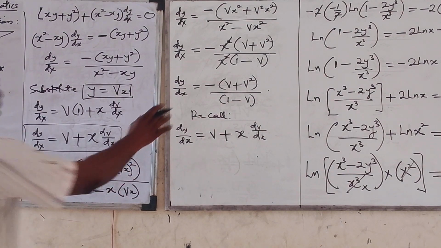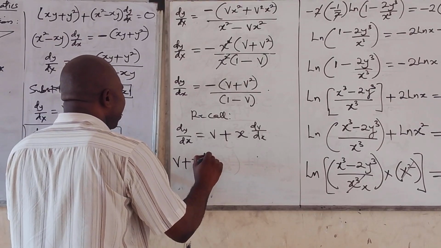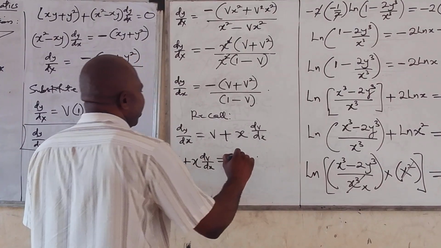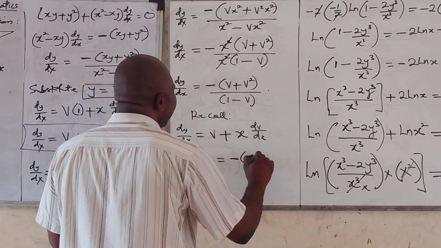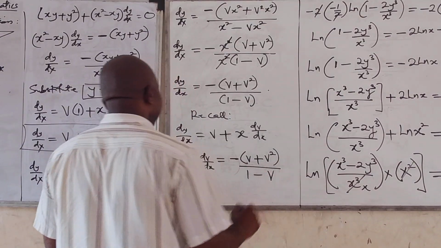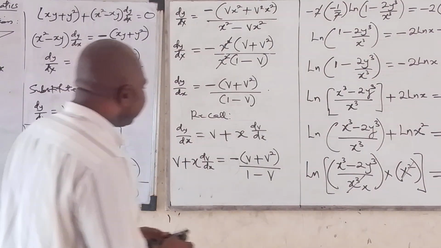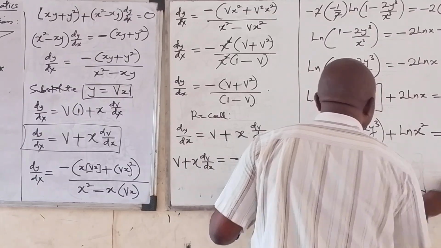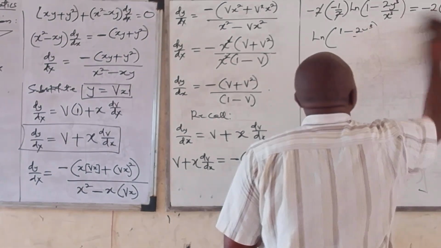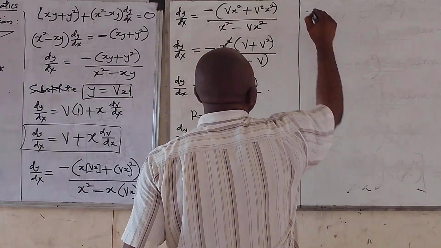So now putting it here in this equation, we have v plus x dv/dx will be equal to minus, in bracket, v plus v squared all over 1 minus v. Now let's see x dv/dx. Now collecting like terms, I want to take the value of this v to the other side, to the right hand side. So taking v to the right hand side, we have x dv/dx.